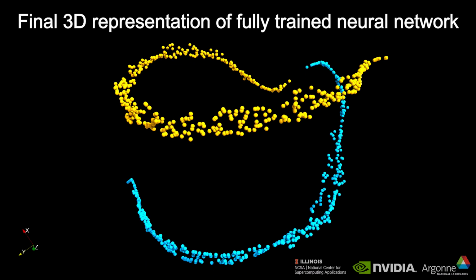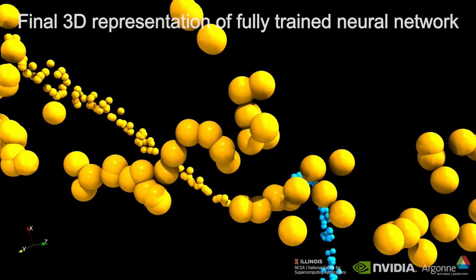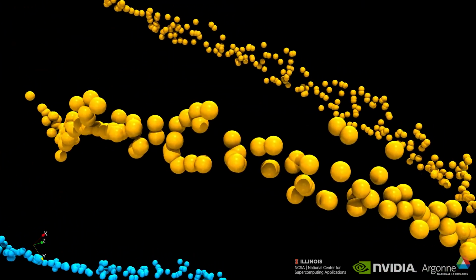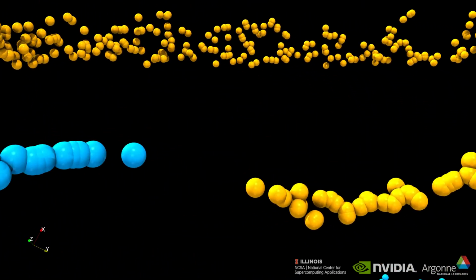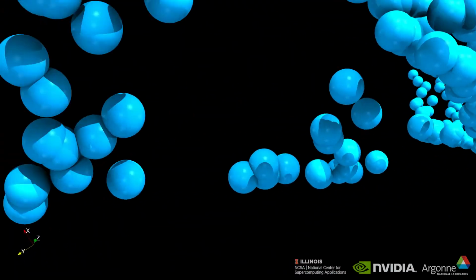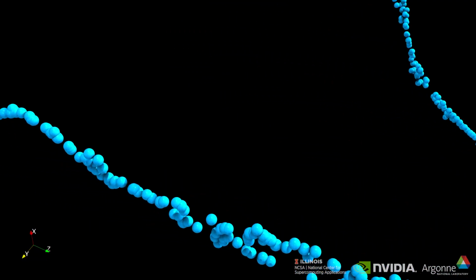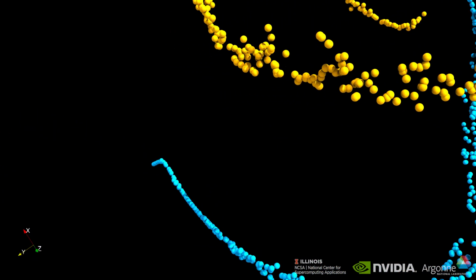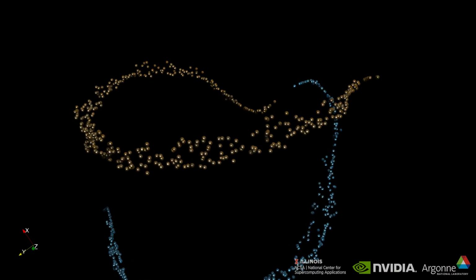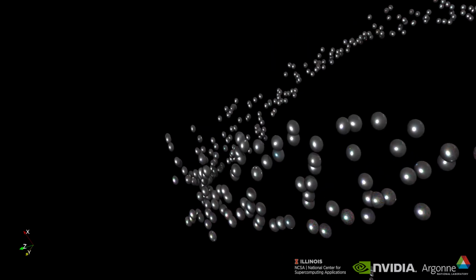This is the final 3D representation of what the network has learned for a sample catalogue of over 1,000 galaxies. The spiral and elliptical galaxies form two very distinct clusters of yellow and blue points, with no overlap. Looking again at the actual galaxy images, we find that the network has correctly separated these two classes.